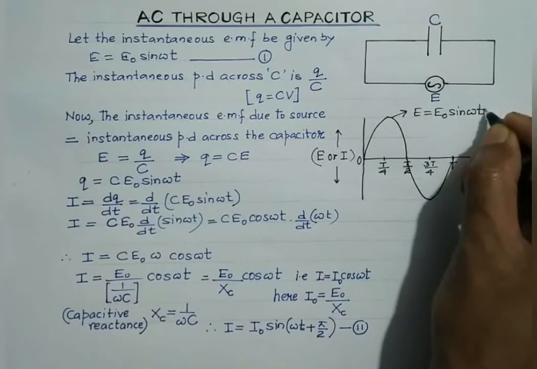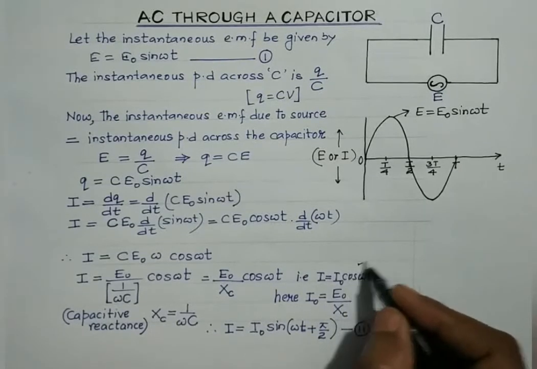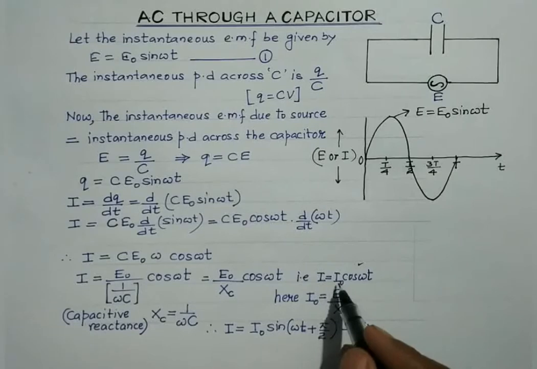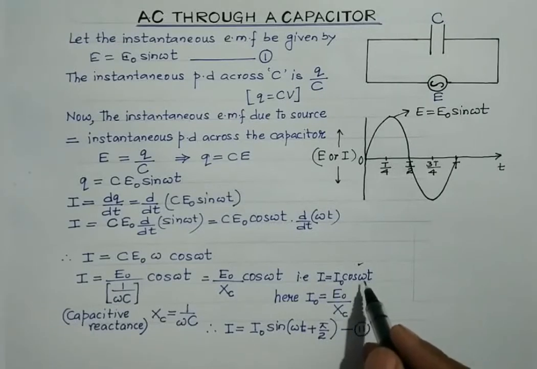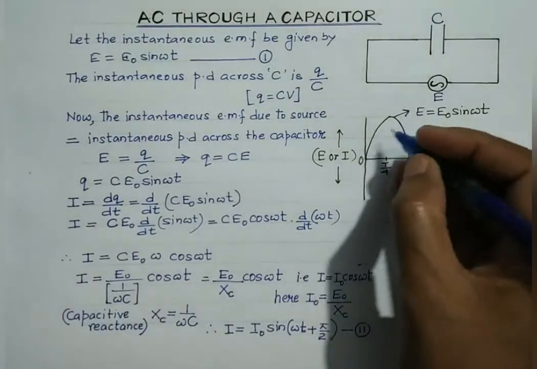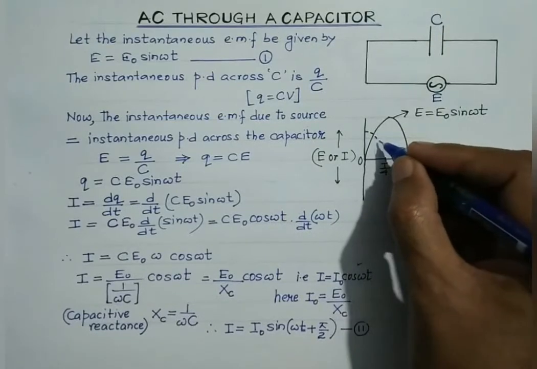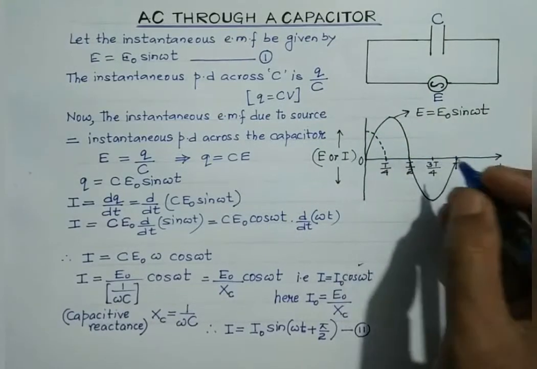Fine. Now let's plot the graph for the instantaneous current. Now in order to plot the graph between I and T, let's consider this equation. So it is I equals to I naught cos omega t, right? So we are already aware of the nature of the cosine graph. So it will be like this. Cos 0 is maximum. Cos 90 is 0.